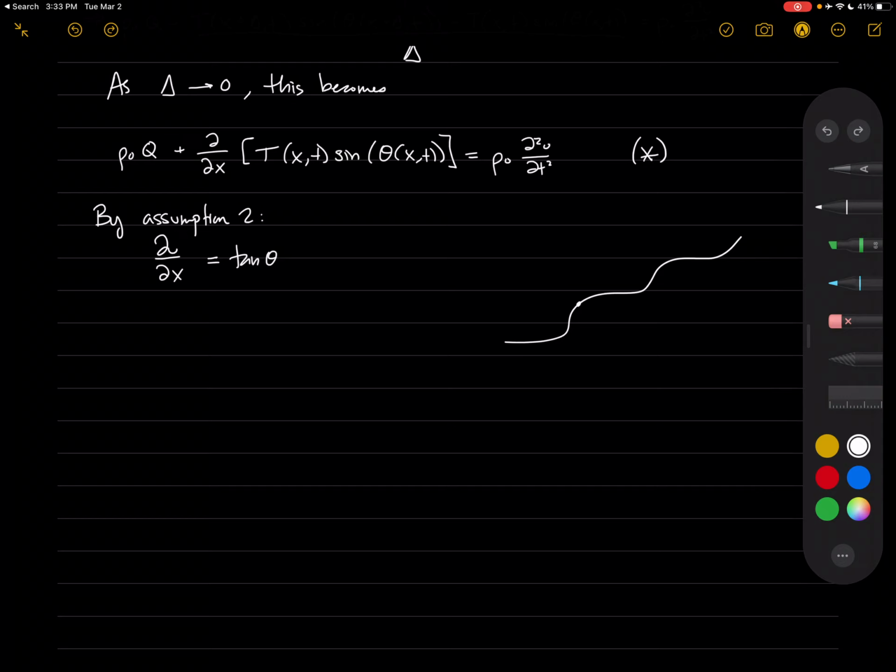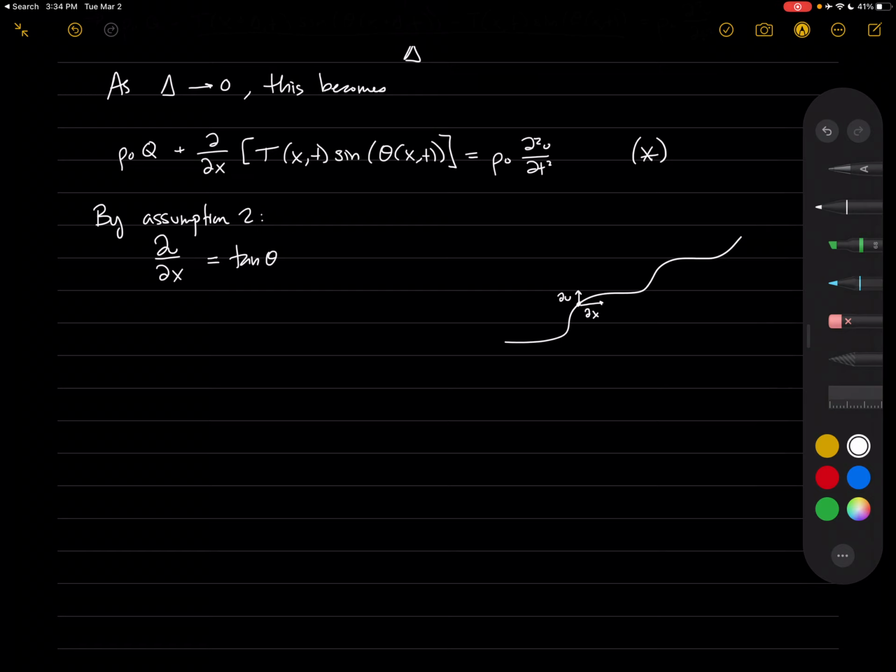We can think of du over dx to be composed of a little guy du, which is the vertical component of the slope, and a little guy dx, which is the x component of the slope.